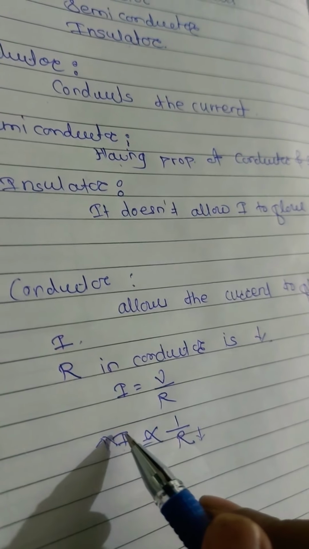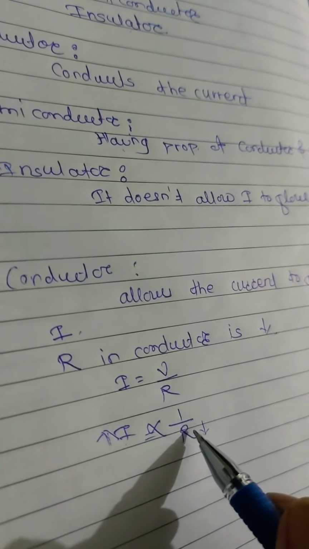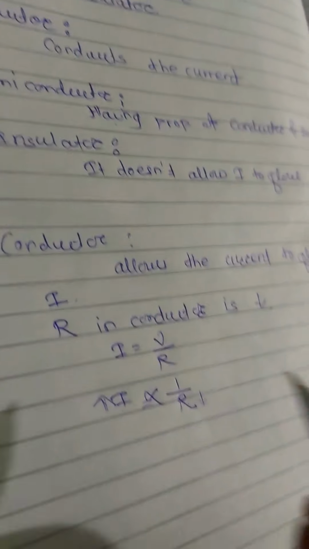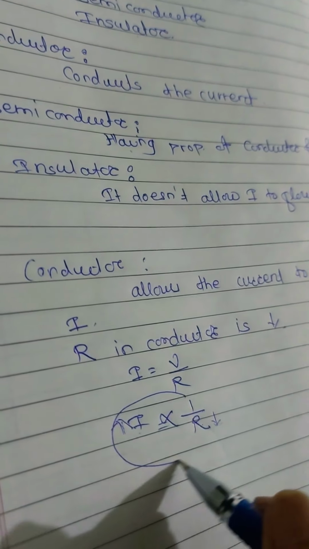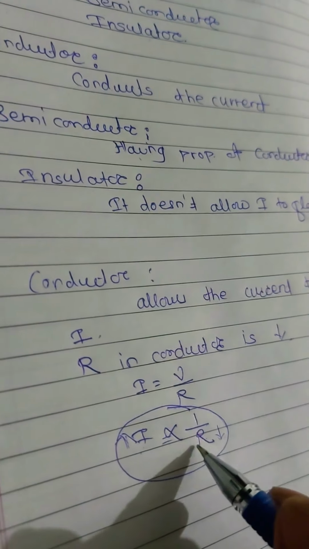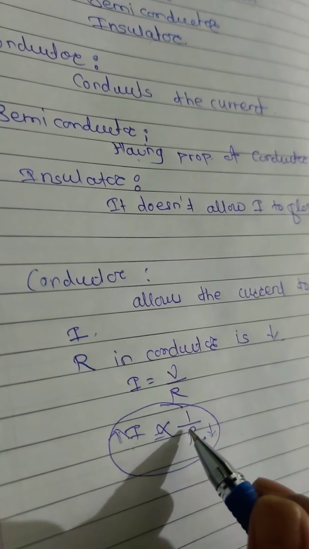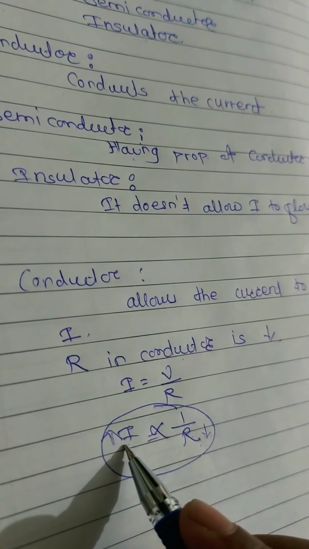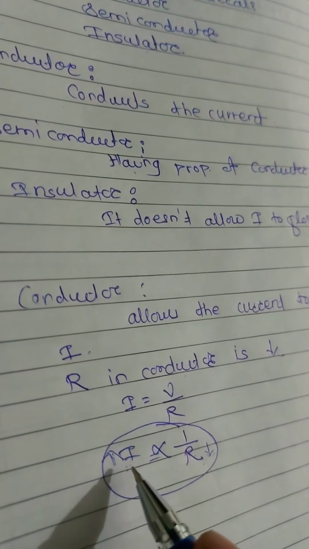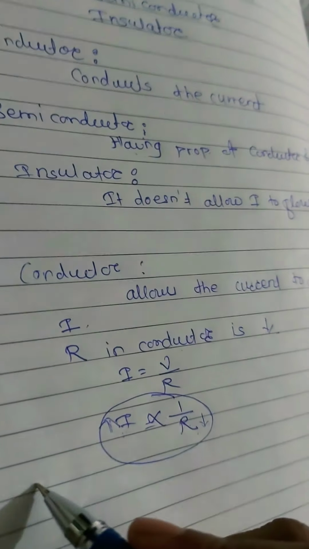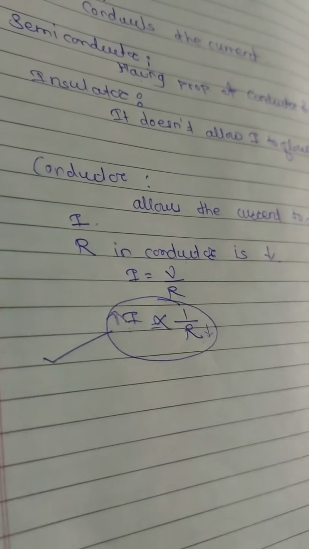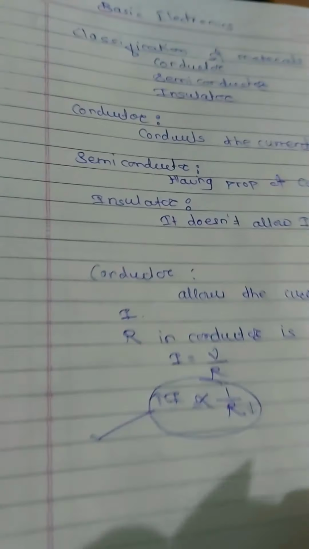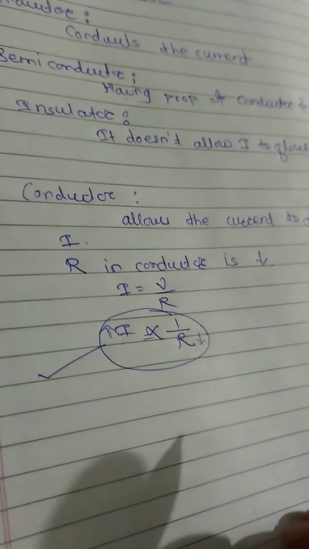To allow more current to flow, the resistance should be low. So the main thing is that I is inversely proportional to R. R is low in the conductor, that's why it allows the current to flow through it. This is why it's called a conductor.